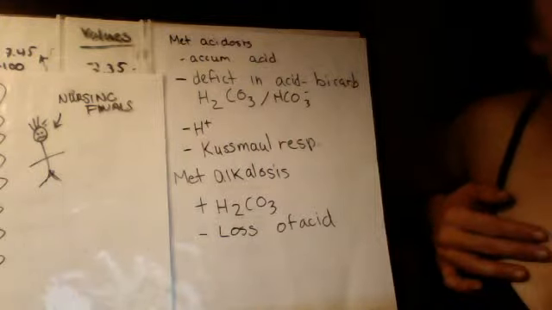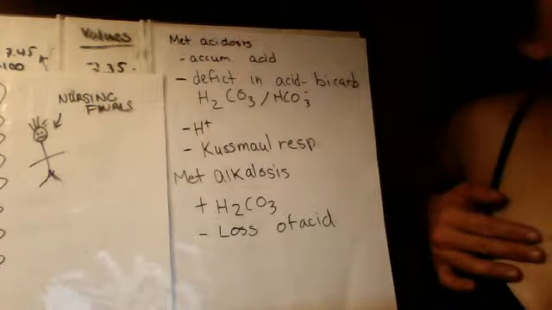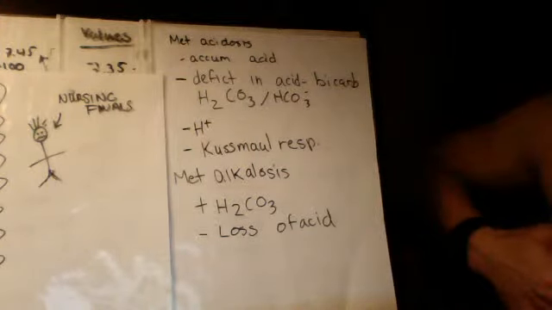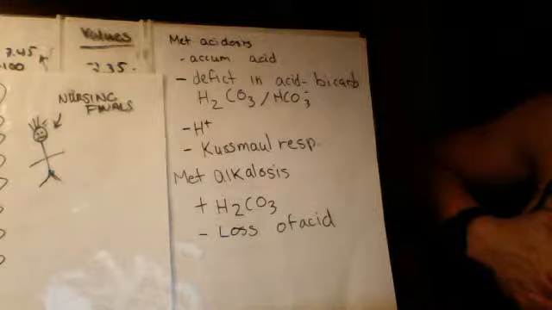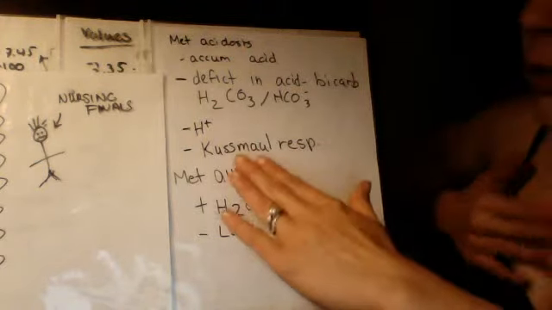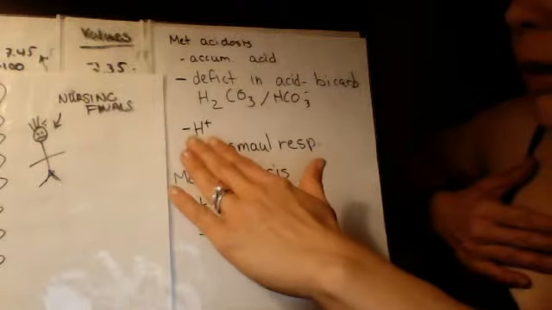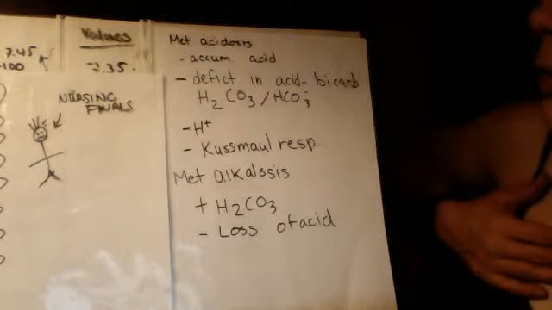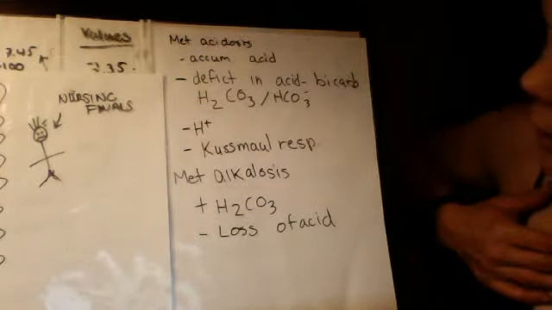Remember, I said low CO2 is low hydrogen, and high CO2 is high hydrogen, because your body takes the hydrogen and the CO2 metabolic waste product and turns it into free hydrogen, which is excreted in the lungs. So basically what your body's trying to do here is blow off CO2 to regulate that pH and get rid of the hydrogen, okay?